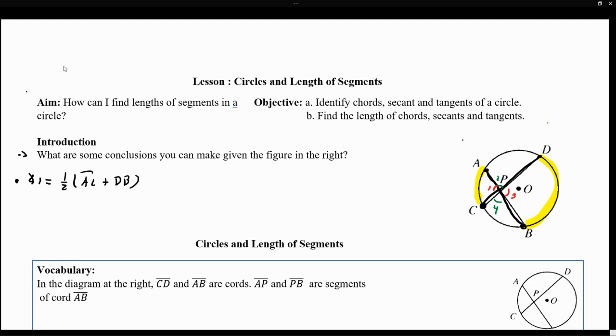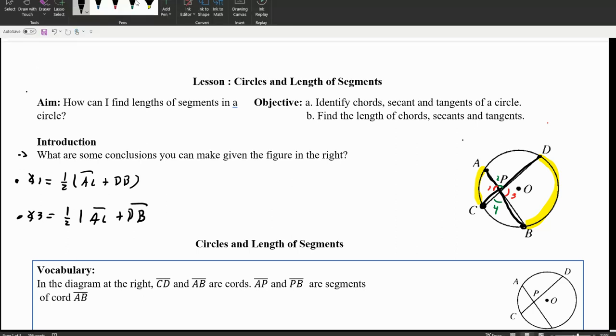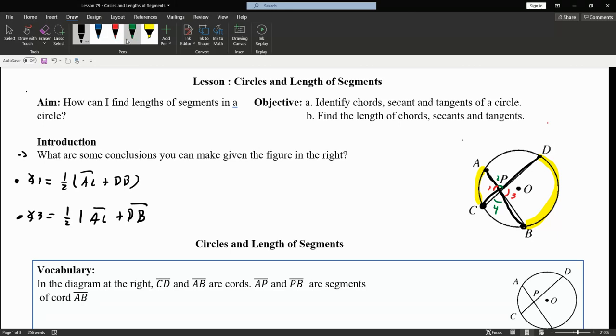Is there anything else that I can say about this diagram? Notice that angle 1 and angle 3 are vertical angles, so angle 3 is also equivalent to 1/2 of AC plus DB, because vertical angles must be congruent. Is there anything else I can say about angle 2 and angle 4?